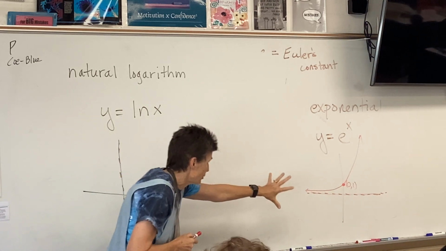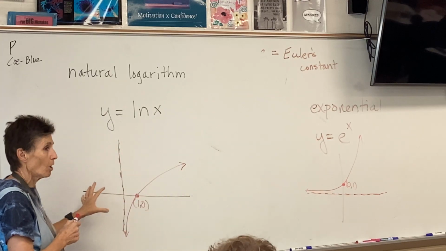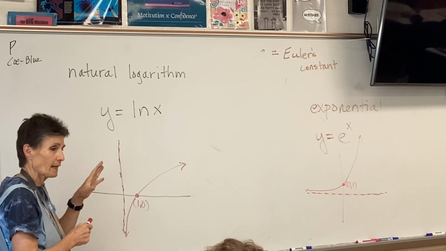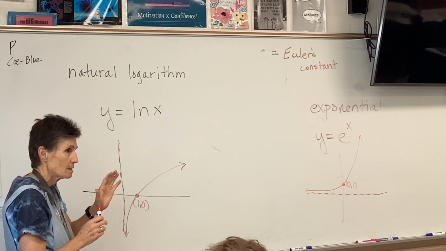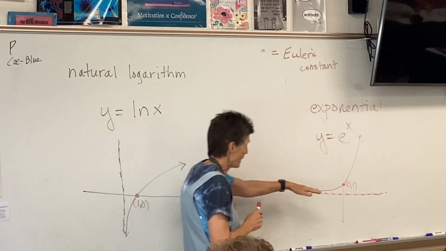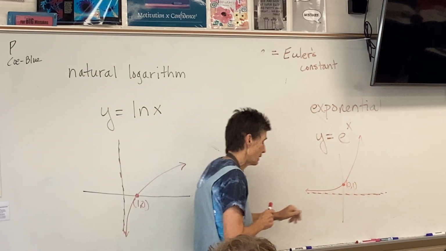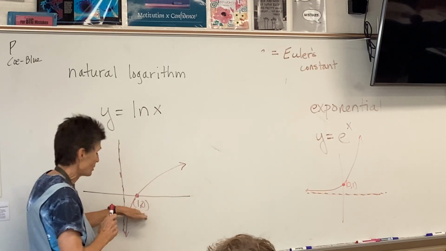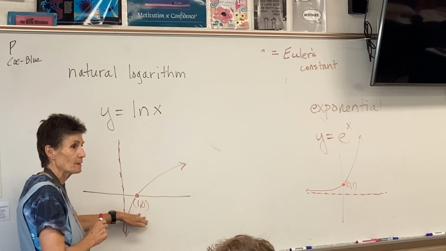So these two, the exponential and the logarithm, are kind of like backwards of each other. Here we have the horizontal asymptote at 0, here we have the vertical asymptote at 0.